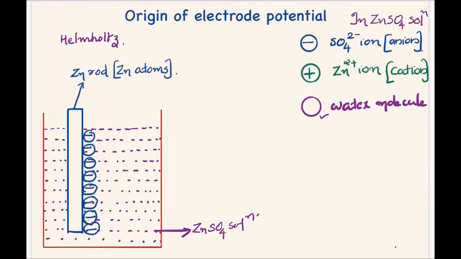Now you have a layer of negatively charged particles. You can see a layer of negatively charged anions is created on the surface of the zinc rod, and we call that layer the inner Helmholtz layer.